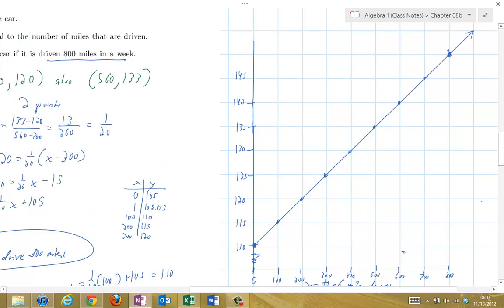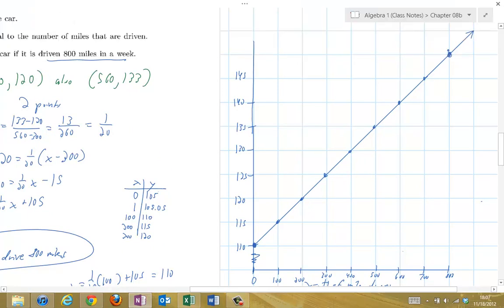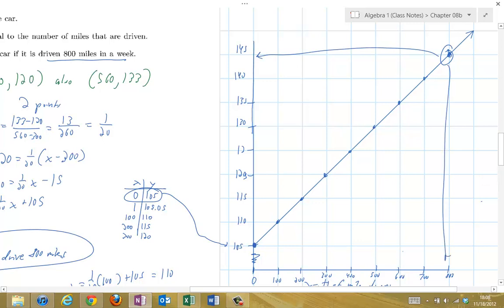I didn't start at the right point. 0, 105 should have been my starting point. Since I have 0, 110, I can fix this by taking all these and shifting them up one. That way, this would have been 105, and then my 800, 145 actually matches my answer. When you drive 800 miles, it costs $145.